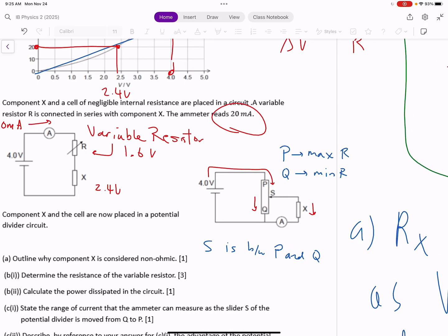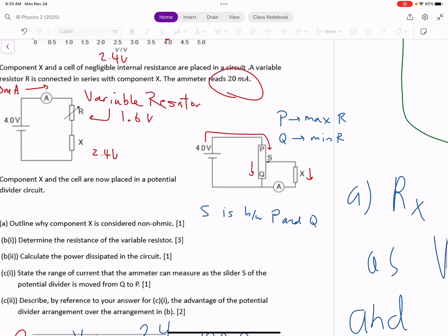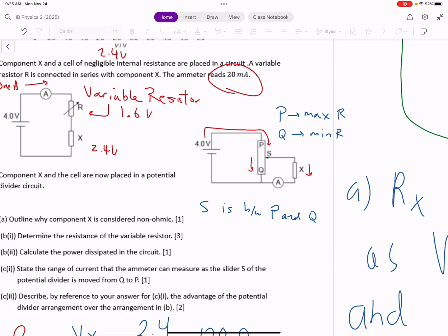In the second one, if the PQS resistor is 0, the current can just go through there and not have to go through the other one. If the resistance is turned up, it basically makes the current very small.